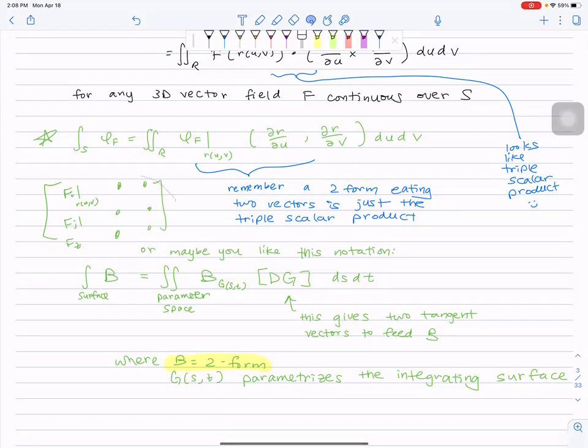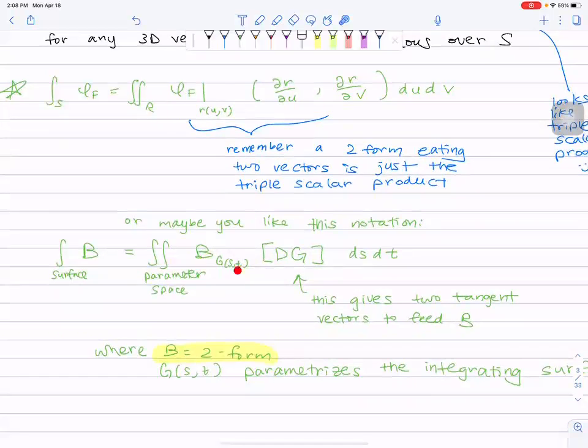So it's a triple scalar product. Actually, this notation is saying the same thing. You have some two form evaluated at some parameterization G. You take the derivative because this gives you a Jacobian matrix with two columns, where each column is your vector, and then ds dt.